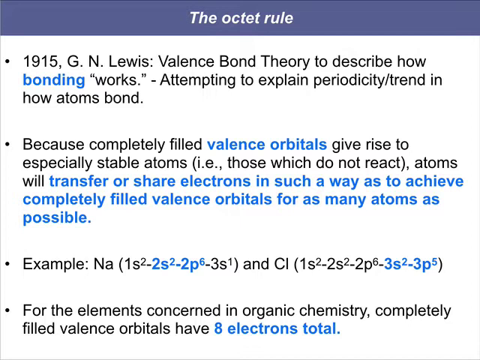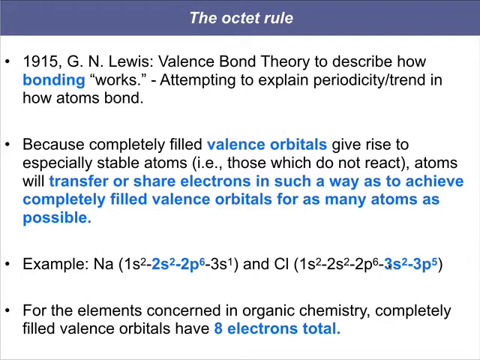So if we look at sodium, whose electron configuration is 1s2, 2s2, 2p6, 3s1, and chlorine, whose electron configuration is 1s2, 2s2, 2p6, 3s2, 3p5, we see that chlorine is missing one electron from its valence shell.